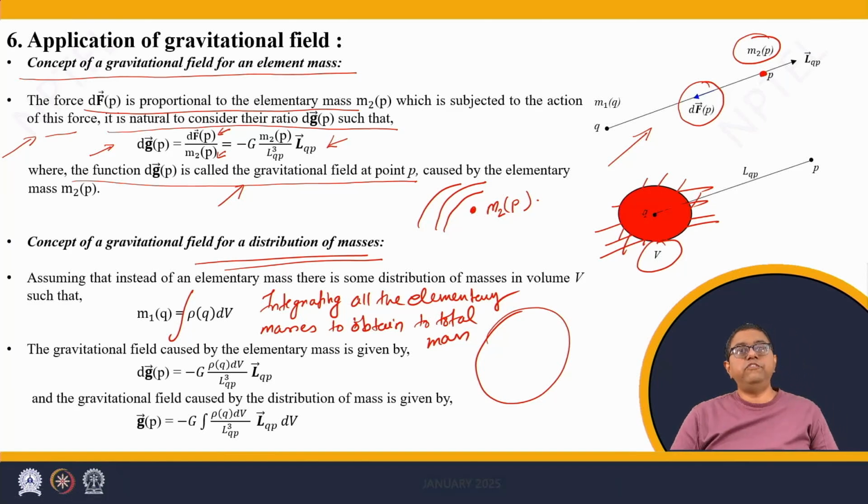The gravitational field caused by the elementary mass is given by dGp. Integrating the gravitational field for all the masses gives the total gravitational field caused by the distribution of masses.